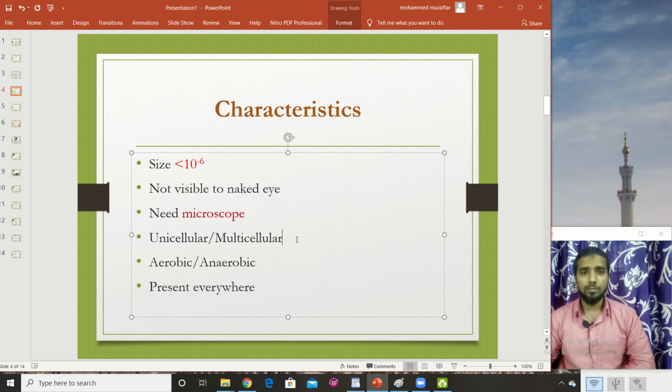Every organism, let it be human or animal or plant, all are multicellular, isn't it? We have a number of cells which continuously get regenerated and continuously get degraded or destroyed. So there is a continuous growth of cells, and there are various types of cells in our body, similarly in plants. While in the microorganism, it is not a must to have many cells or different types of cells.